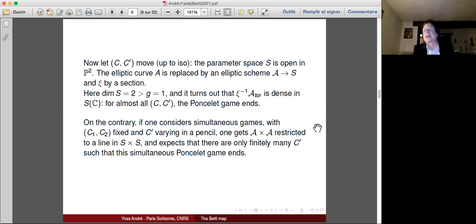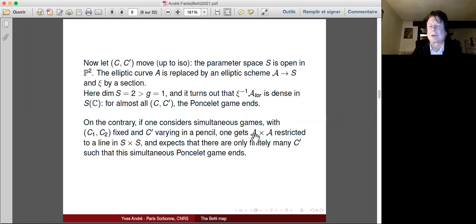One can complicate the game in another way. One can consider simultaneous games where, for instance, you fix the first conic, two first conics C1, C2, and move only the second one in a pencil.